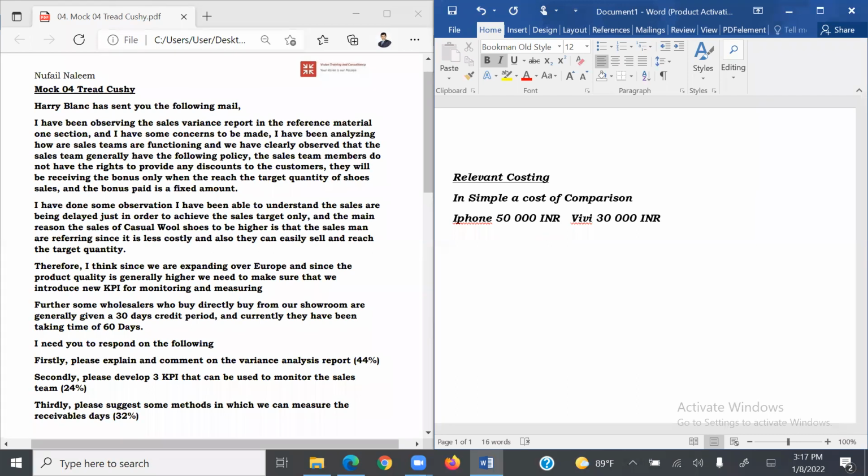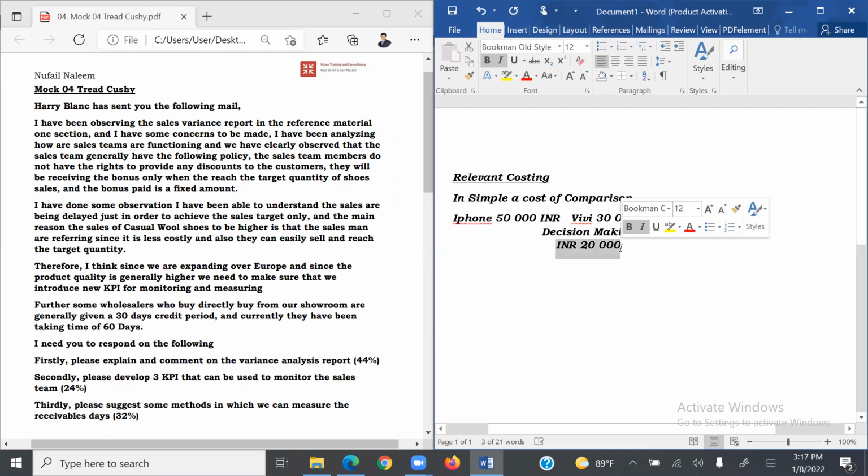So your decision making will be based on the differential amount of INR 20,000. So the relevant cost here is the decision making. Why did you make the decision? Because of this 20,000. Are you understanding what I'm saying, students?